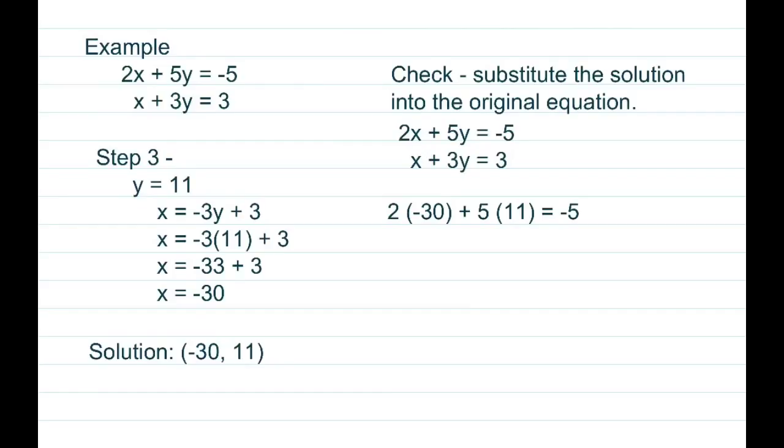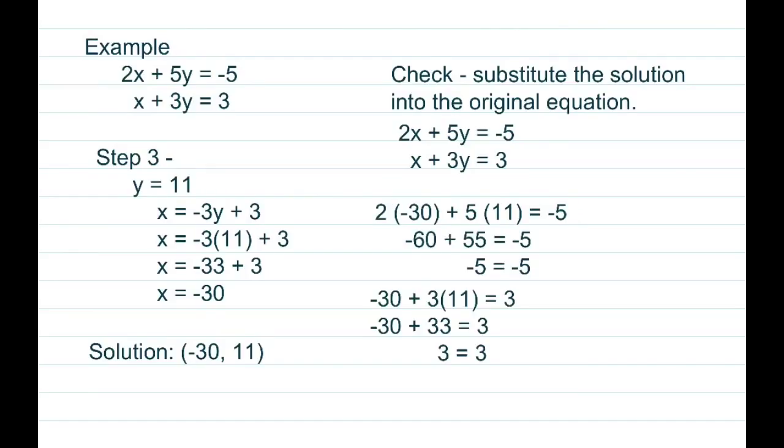To solve, you will distribute through the parentheses, and if your answer is correct, you will know because it will be equal on both sides. Because the original equations are still true with your solution added in, it shows that your solution is in fact correct, due to 3 equals 3 and negative 5 does in fact equal negative 5.